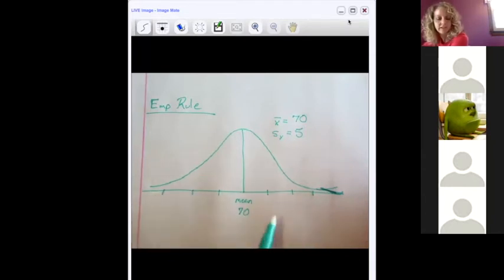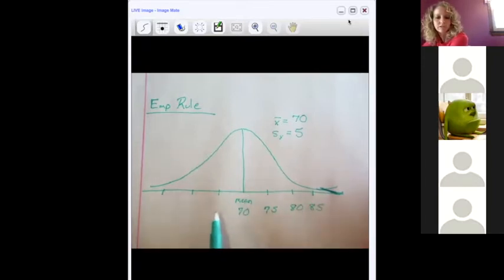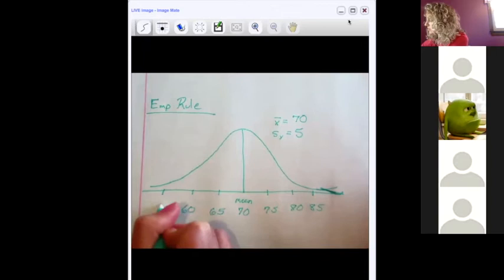We're usually looking at 3 standard deviations above and 3 standard deviations below the mean. So every time we go a standard deviation above, we add that value one more time. So it'd be 70, 75, 80, 85. And as we go below the mean, we just subtract it. So 65, 60, 55.